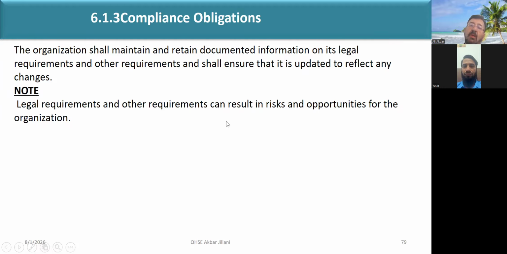Like see, how opportunities? There is one company and this company wants to develop their ADOSH system. Now they will see, we have to spend a lot of money for development of the system, like 15,000 dirham, and approval and this and this.